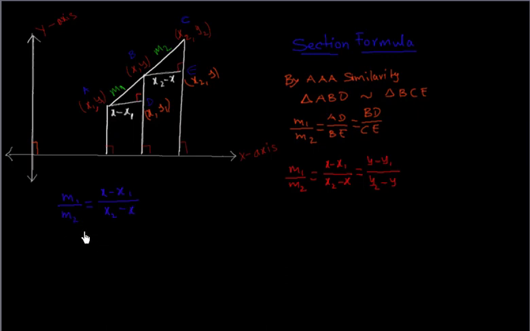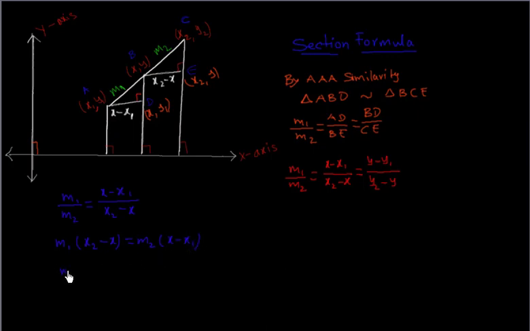If you do the cross multiplication, M1 of x2 minus x equals M2 of x minus x1.